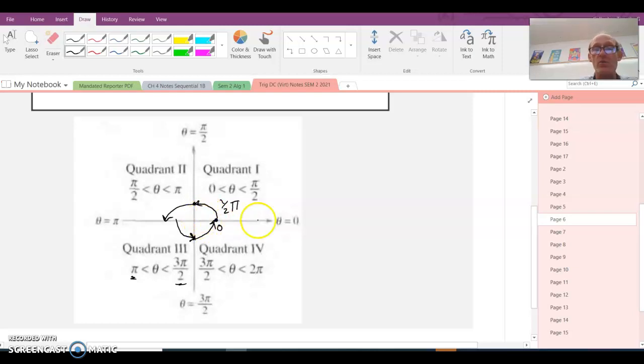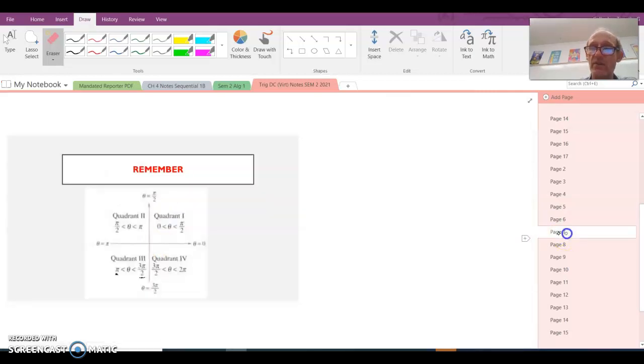So if we have an angle, say, in the 4th quadrant, like this, then it's going to be between 1.5 pi and 2 pi. All right, so this is a good slide to take a look at.